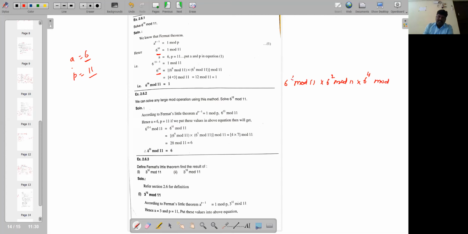Always make sure that the power values are 1, 2, 4, 8, and so on. So 6 power 1 is equal to 6, and 6 power 2 is 36, 36 mod 11. What value will you get? So 3. And what is the value of 6 power 4 mod 11?